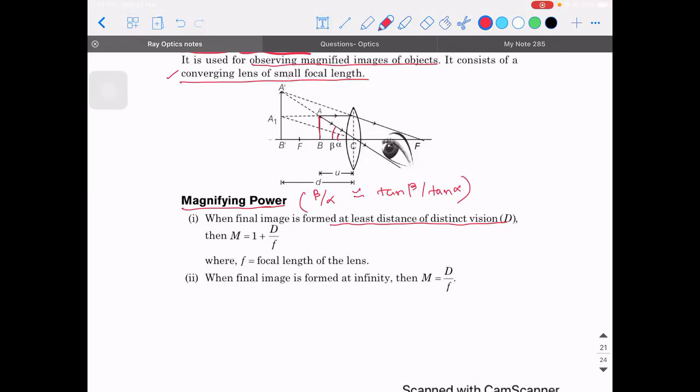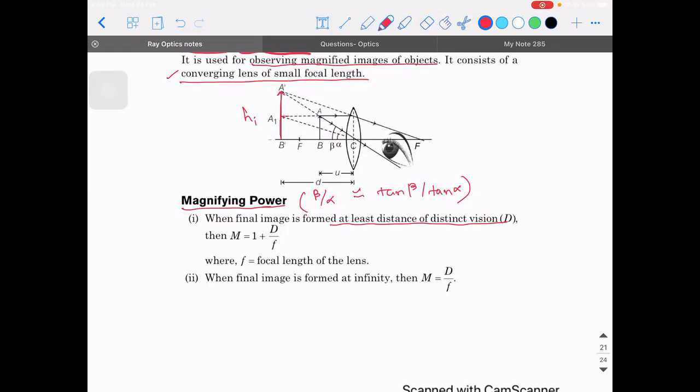So what will happen is, if the height of the object is h, the height of the image will be h1. So h is subtending an angle at the eye. One line is like this and the other line is like this. Due to the refraction that is taking place, the image is formed here.